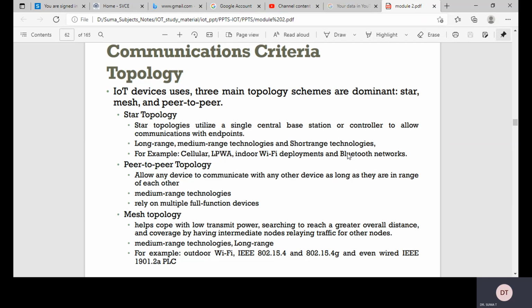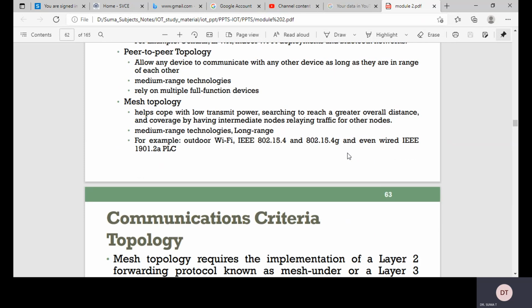Similarly, IEEE 802.15.4 and 802.11ah, and even wired IEEE 1901.2a PLC, are generally deployed as a mesh topology. A mesh topology helps to cope with the low transmit power, aiming to reach greater overall distance and coverage by having an intermediate node relaying traffic for other nodes.